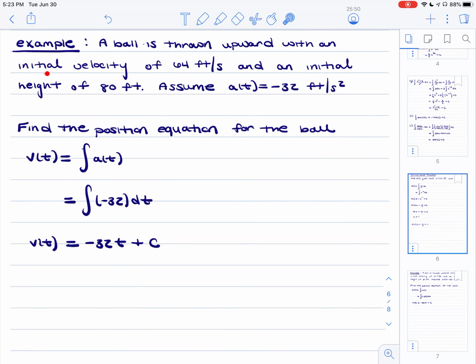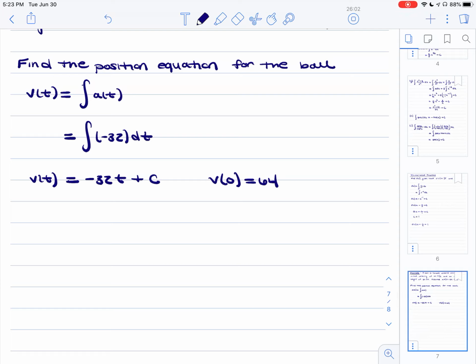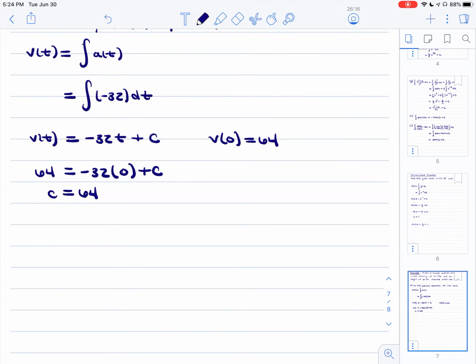It tells us that the initial velocity was 64 feet per second. So that's saying that v of 0, initial meaning time 0, is equal to 64. So if we plug in 64 for v of t, and we plug in 0 for t, we would of course get our c value is 64. So that's telling us that v of t is equal to negative 32t plus 64.